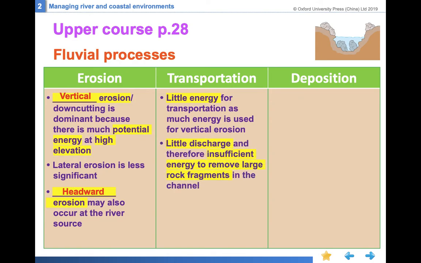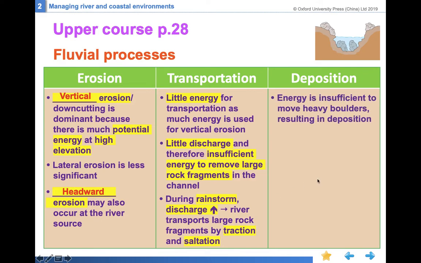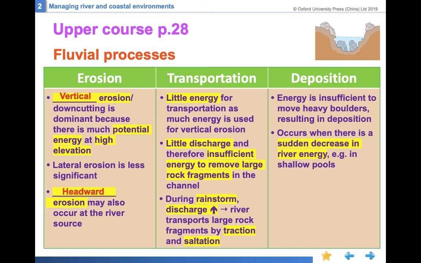For transportation, there is little energy and little discharge, so the large fragments may not be able to be moved. And during the rainstorm, when the discharge increases, they might be able to transport some large rock fragments by traction and saltation. For deposition, because there is not much energy for moving the heavy boulders, there may be some deposition here.